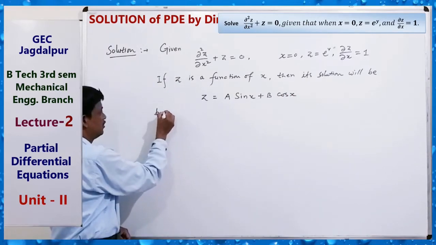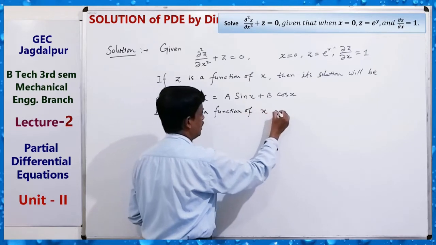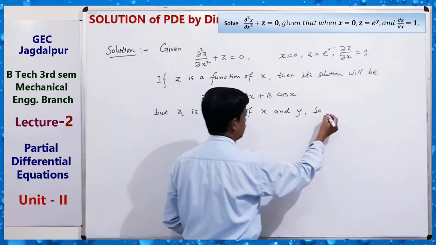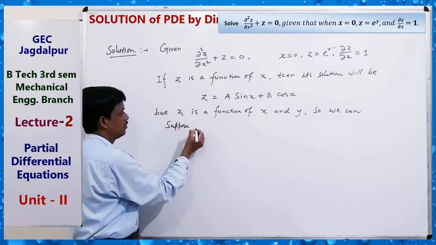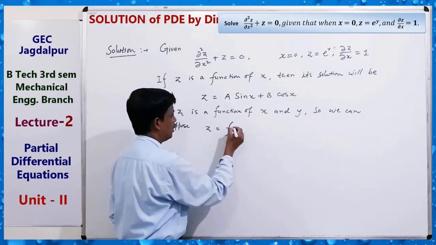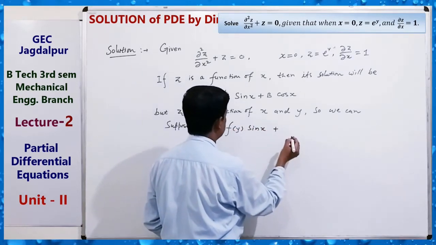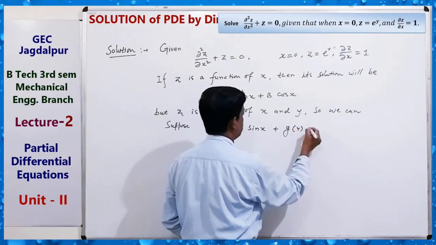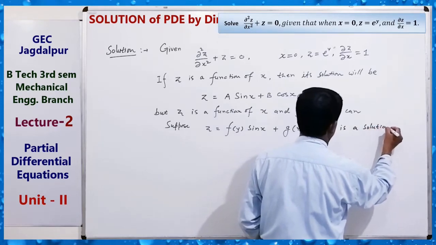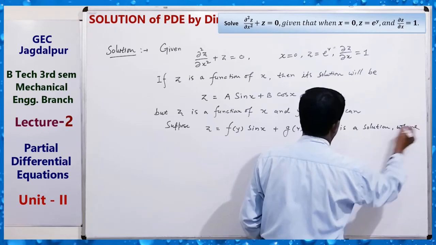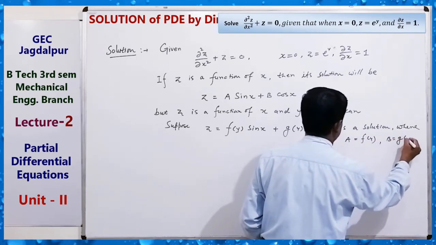But z is a function of x and y, so we can suppose z equals to f of y sin x plus g of y cos x is a solution, where a is a function of y and b is a function of y.